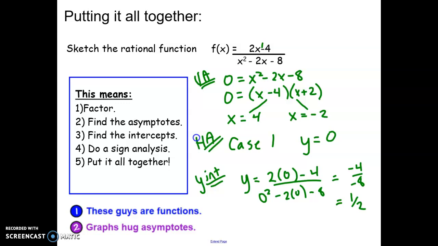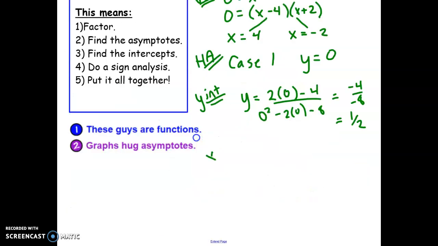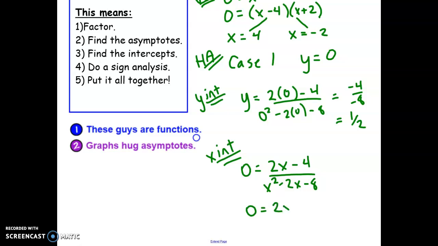Okay, and then the final part we need is our x-intercept. How do you find an x-intercept? Set the y to 0. So here we have 0 equals 2x minus 4 over x squared minus 2x minus 8. First, we start by getting rid of the denominator. How do I get rid of it? Multiply it out. When I multiply it out, it's multiplied by 0, so it's going to be gone.